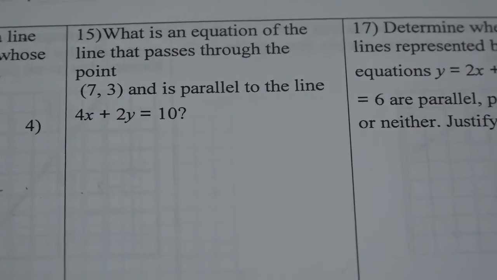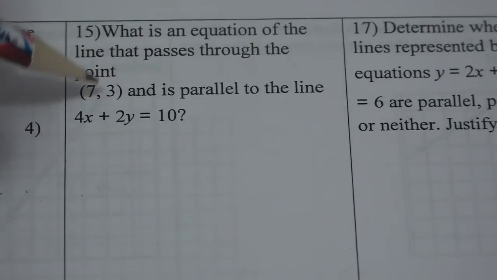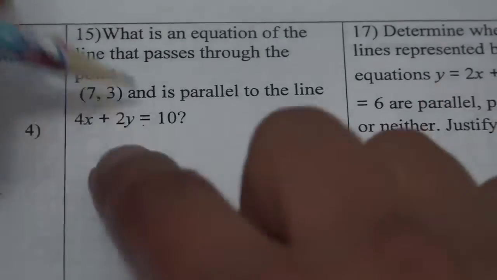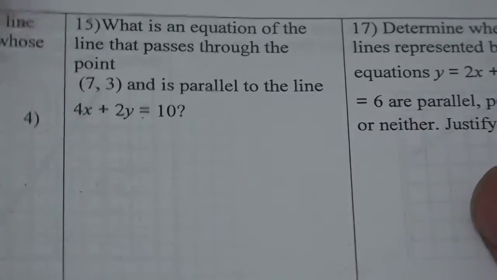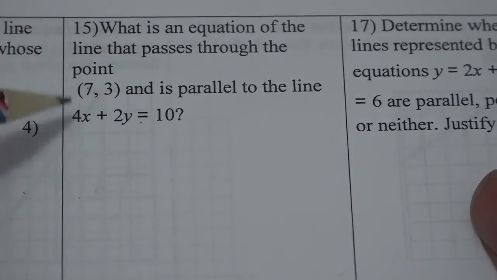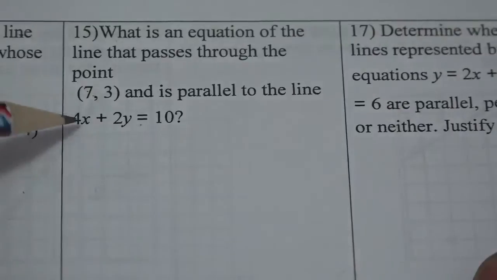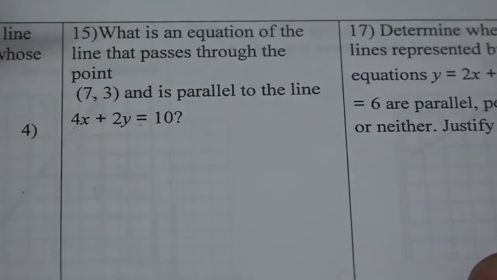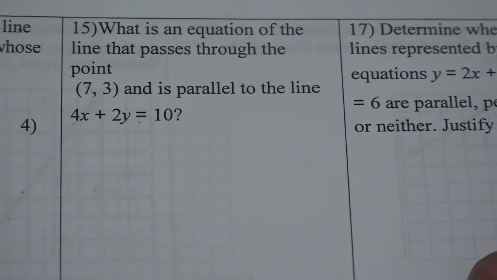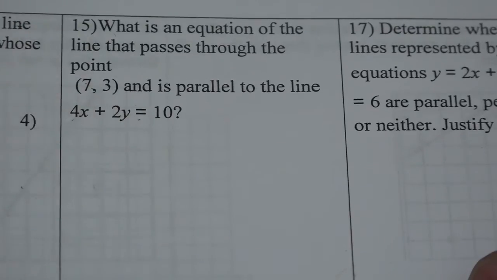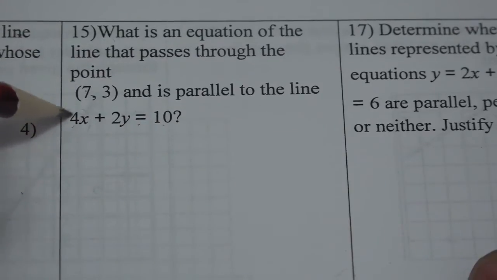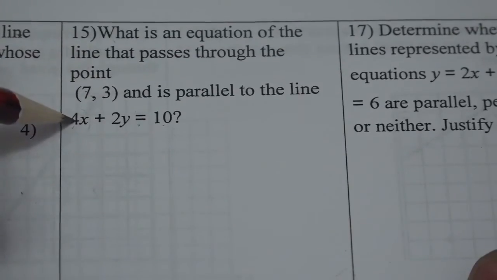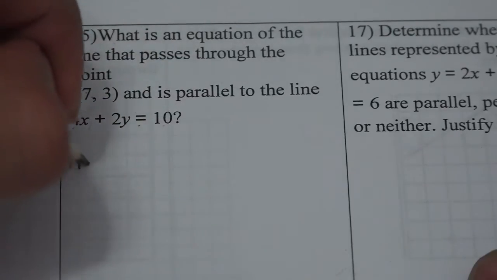What is an equation of the line that passes through this point and is parallel to this line? Here, they're asking me for an equation, therefore I have to utilize all my skills. So I need to find the slope. This is not solved for y, so let us find it. Actually, I don't want to solve for y because I've been doing this for the longest. So I'm just going to determine the slope. The loose number is on the other side. This x is going to go to the other side, so it's going to be negative 4x.